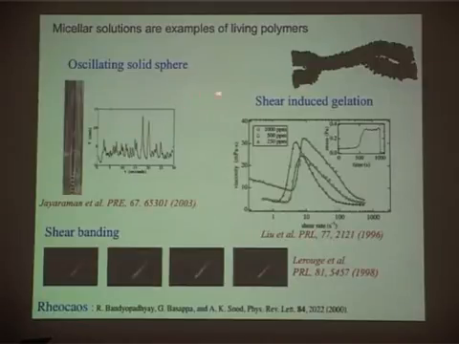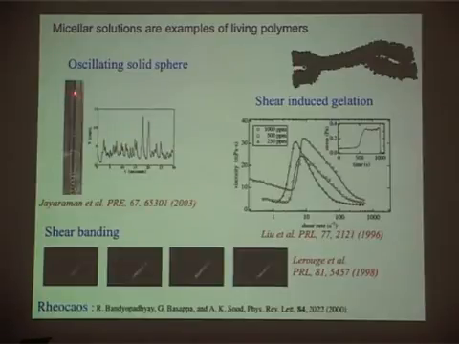Okay. And these systems in solution, even before the gelation point, exhibit very interesting properties. So for example, if you take a solution of CTAB in a big cylinder, this is an experiment done by Jairam et al., in which they have a big cylinder of CTAB solution in which they drop a polystyrene ball. Okay.